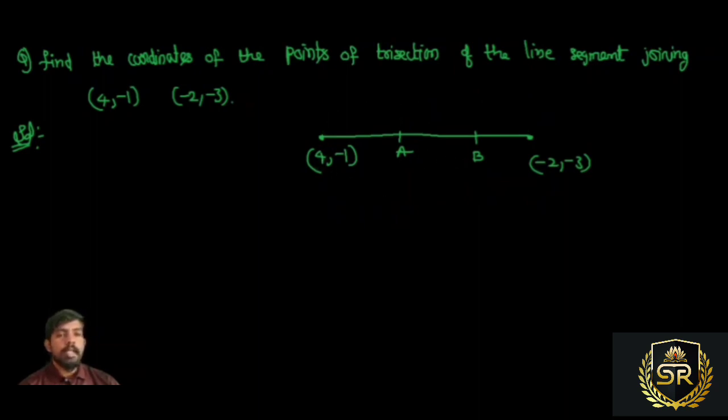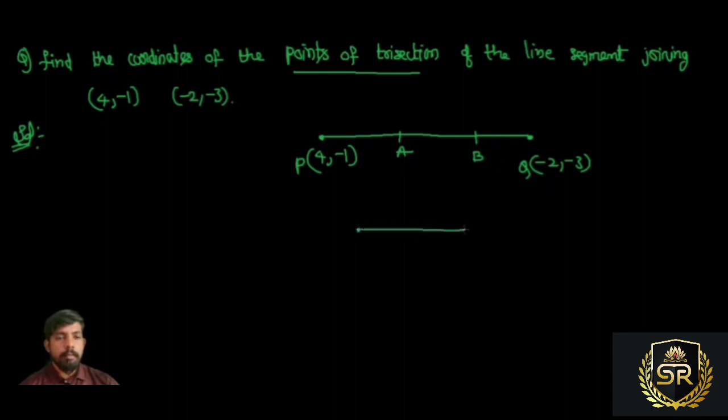A and B divide the line segment. Let us say this is point P and this is point Q. A and B divide the line segment: A divides in a 1:2 ratio. Remember, points of trisection means just remember one thing: A divides the line in 1:2 ratio, B divides in 2:1 ratio.